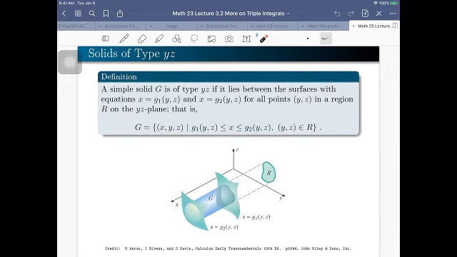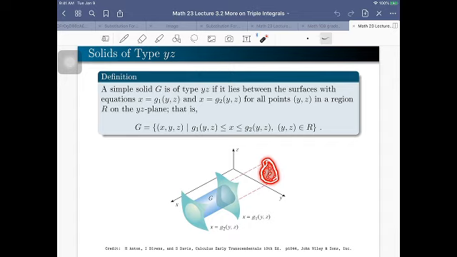The solids of type yz, on the other hand, have a similar definition. It is of type yz if the solid is between the two surfaces g1 of yz and g2 of yz. And if you look at the solid from this angle, you can project it onto the yz plane.